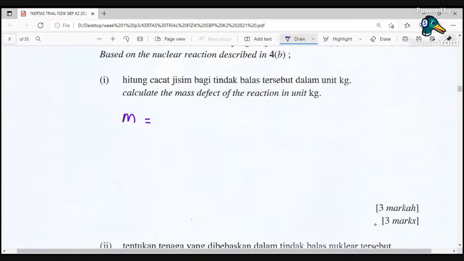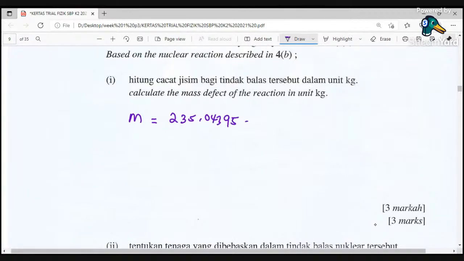Before fission, we have the mass of uranium, which is 235.04395 AMU, and this is for the neutron, 1.00867. This is before, minus the mass after fission.